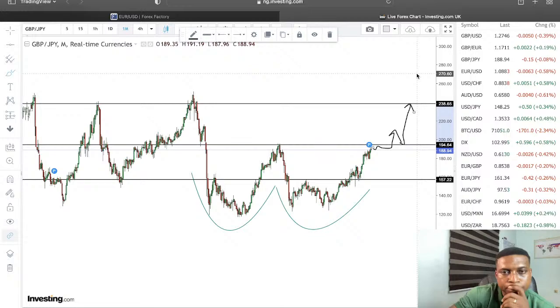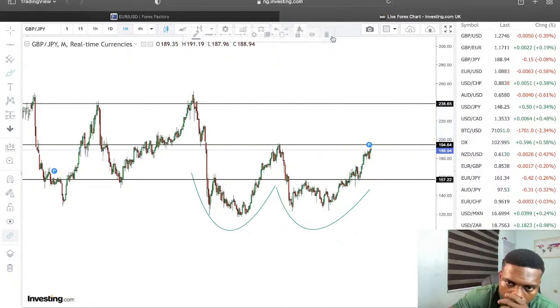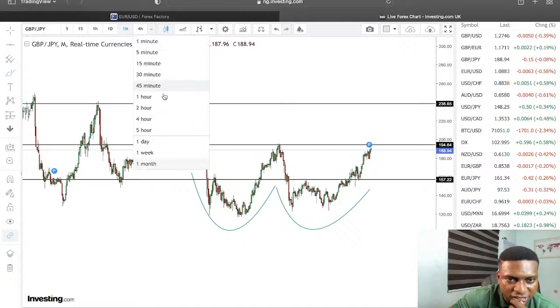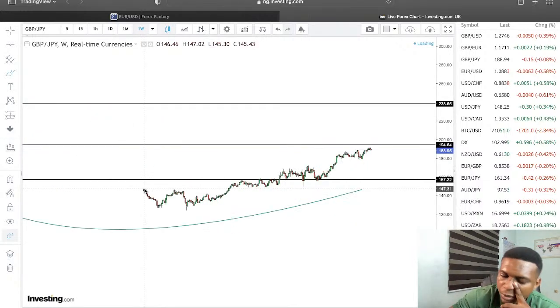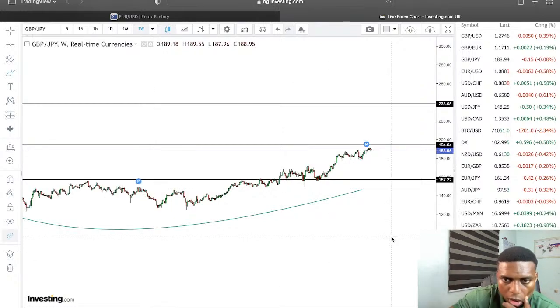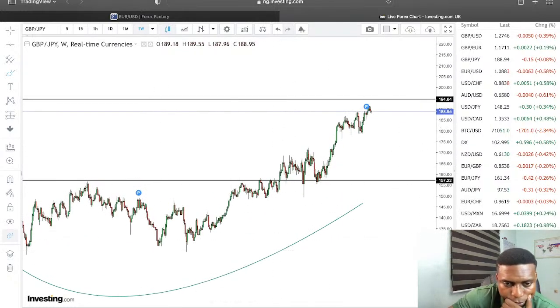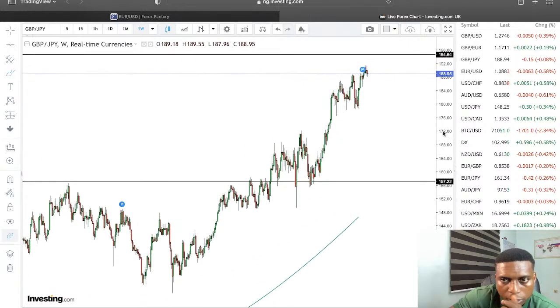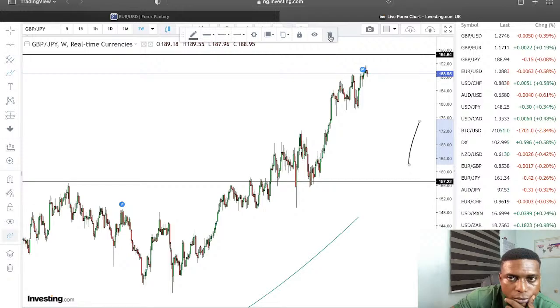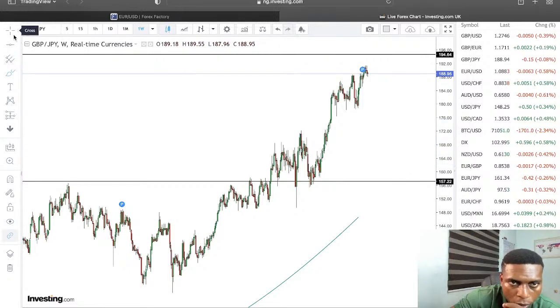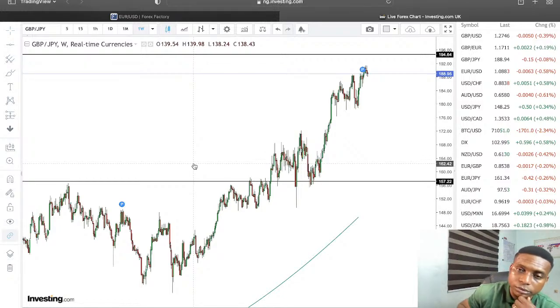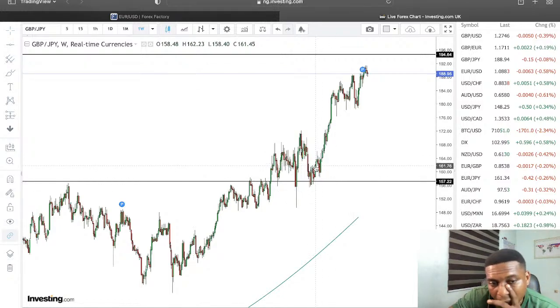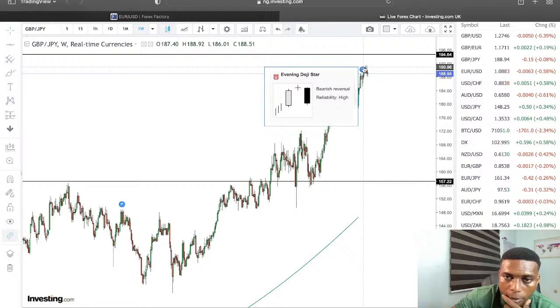Now let's go down to the weekly time frame so that we can have a more clearer picture into what we are looking at. This is the weekly time frame, and we can see how price consolidated here before a push up.